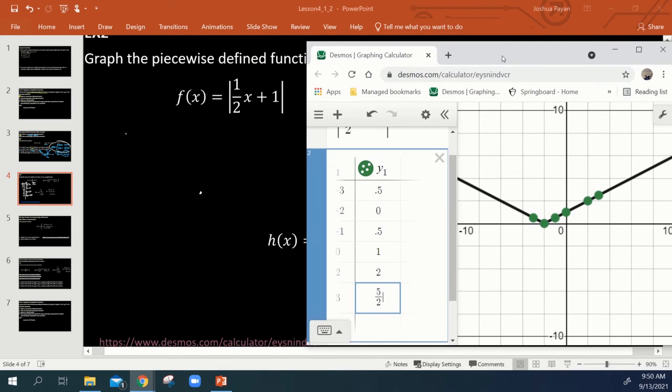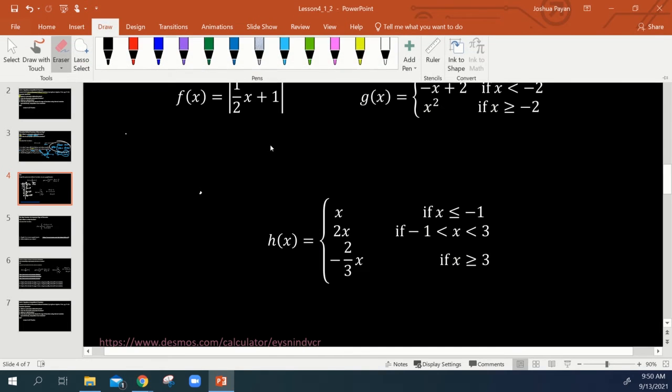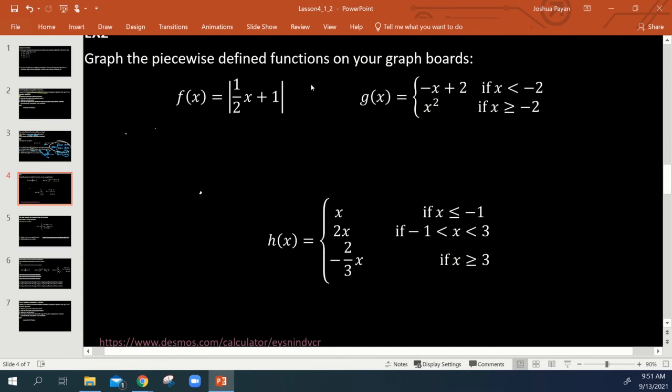So how is it behaving? Looking at the graph, obviously we have a negative slope to begin with, and we know that we're going to end up with negative 1/2 x plus 1, in parentheses, or positive 1/2 x plus 1. And we know this from lesson 1-3.